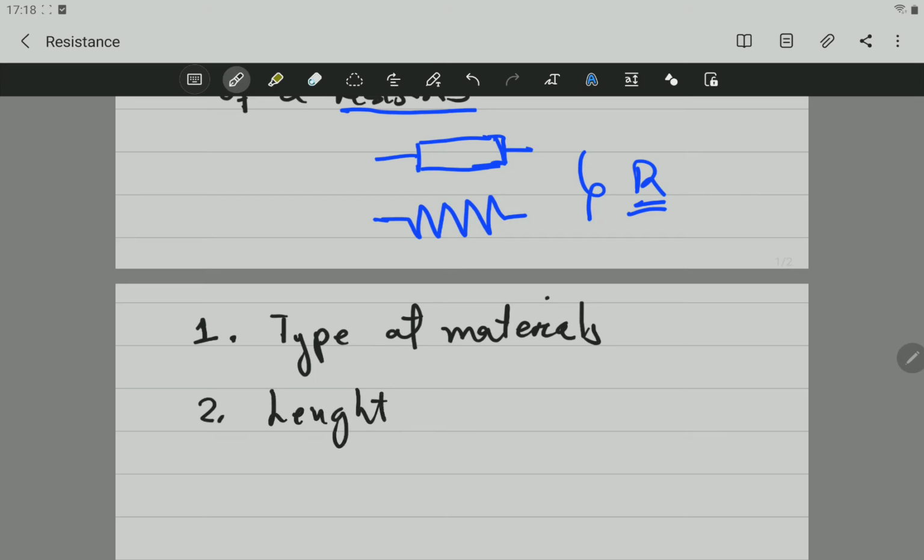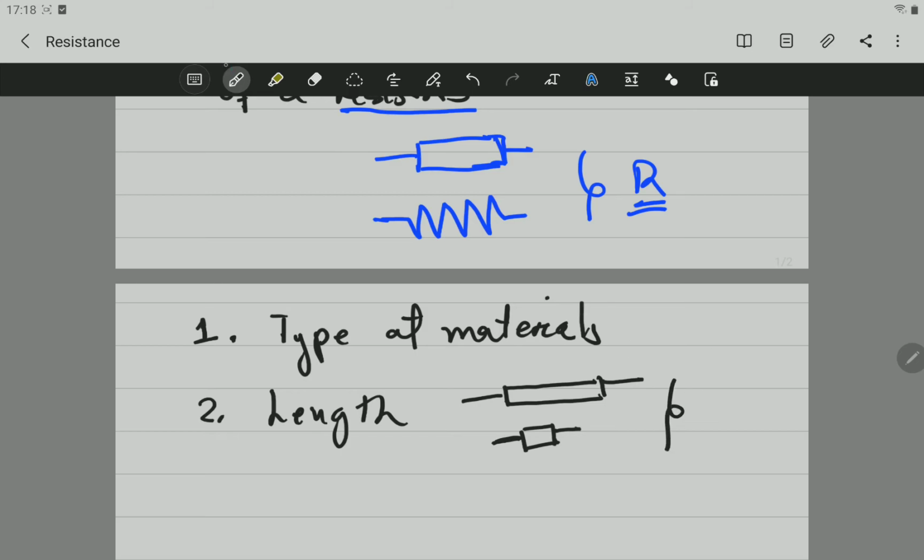The second factor is the length of the resistor. How long the resistor is. For example, a resistor of the same material that is longer will have a greater resistance than a resistor that is shorter, of the same material.